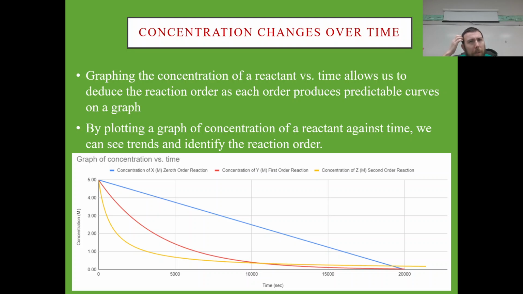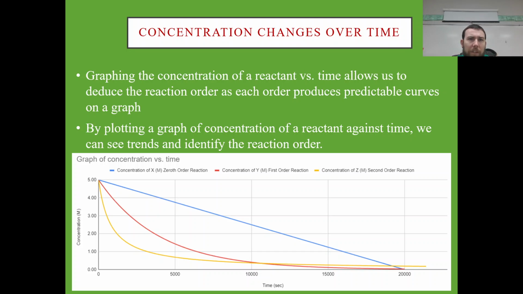So remember, we talked about this in class that graphing the concentration of a reactant versus time is going to allow us to deduce the reaction order as each order produces predictable curves on a graph, right? This is different from just taking a look at experimental data where we're given data tables that have different experiment numbers. We get the concentrations of reactants and the reaction rate, and then we try to deduce it from there.